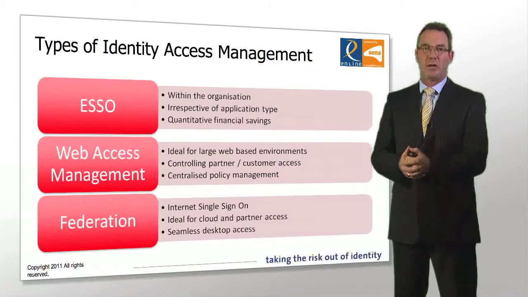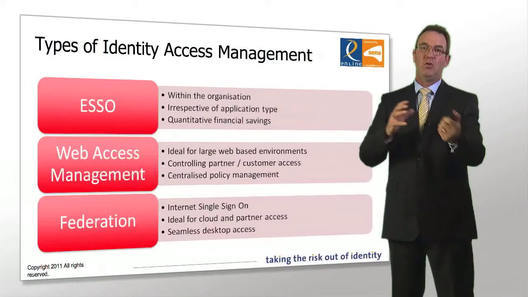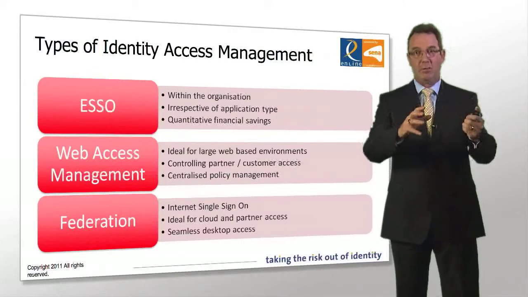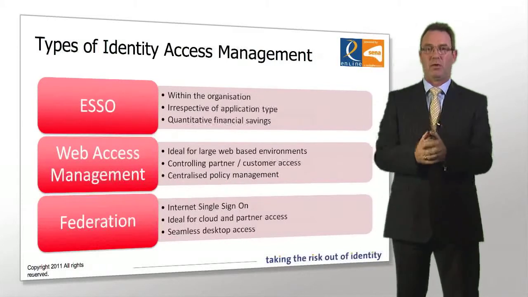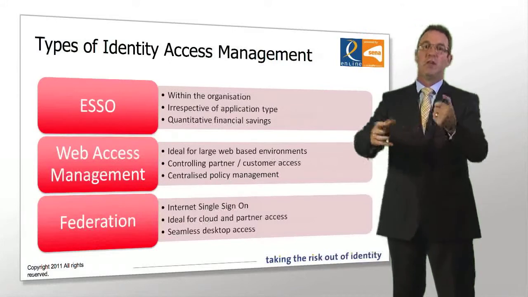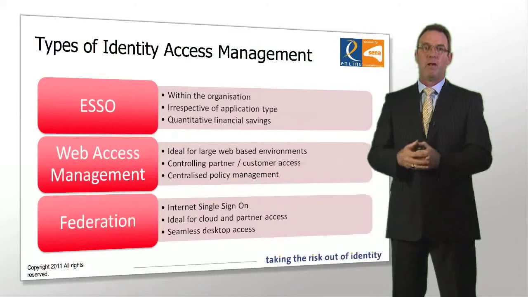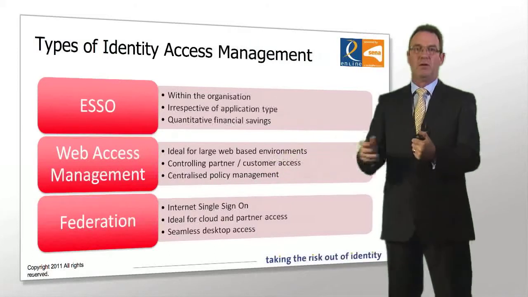One of the great things about web access management is you have centralised policy management. So you can control access based upon a group of users, whether they work for a particular organisation, they have a particular role, they're in a particular department, they access a particular time of day. That's down to you.